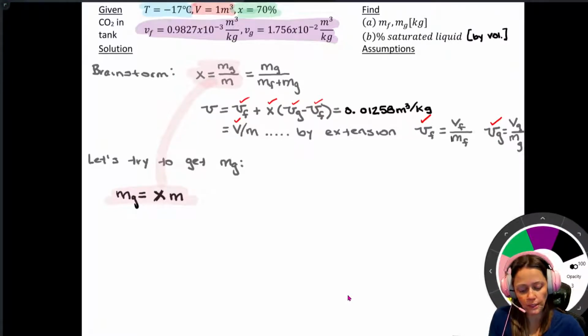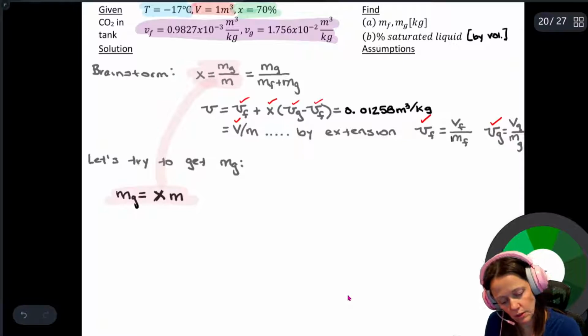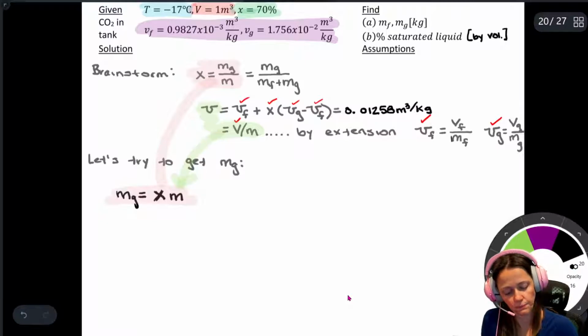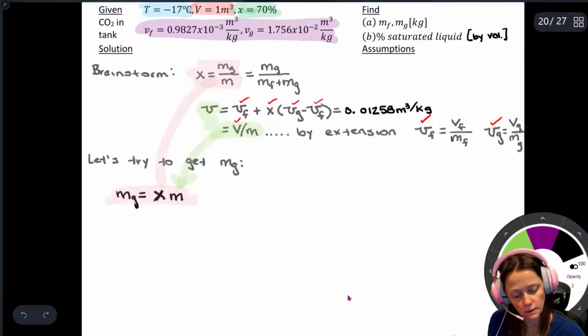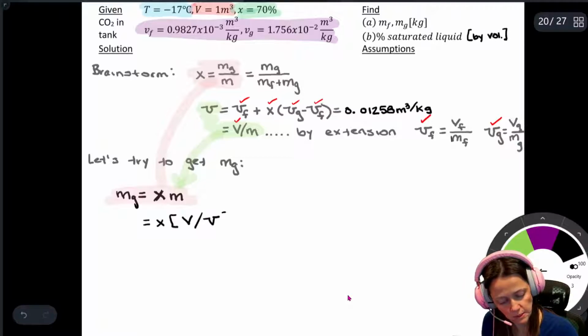So I've got the quality, and I need to figure out the mass. And looks like maybe another place that I could look might be this guy. So that would get me mass, wouldn't it? So this would be my volume divided by my specific volume.